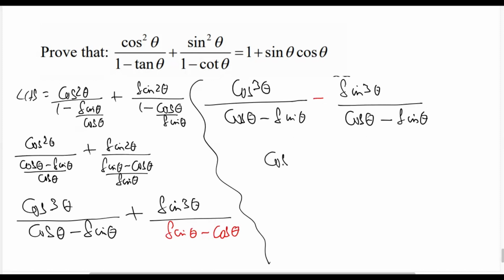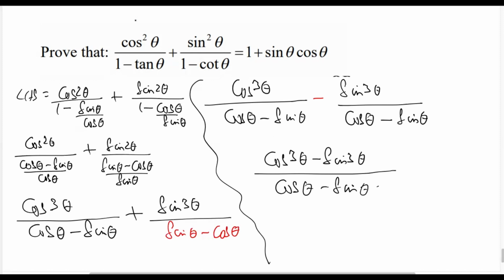So now we get cos cube theta minus sine cube theta, that whole divided by cos theta minus sine theta. Now in the numerator, you can see that there is an identity. What is that? a cube minus b cube, and it is a minus b times a square plus b square plus ab.